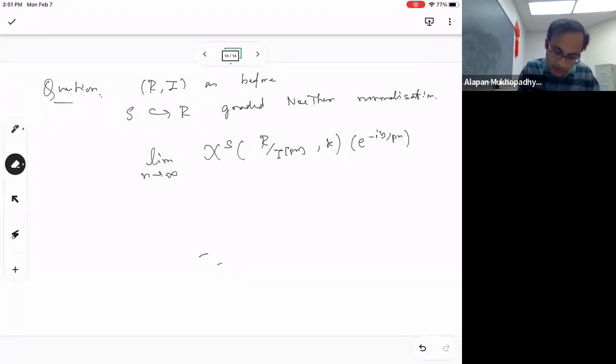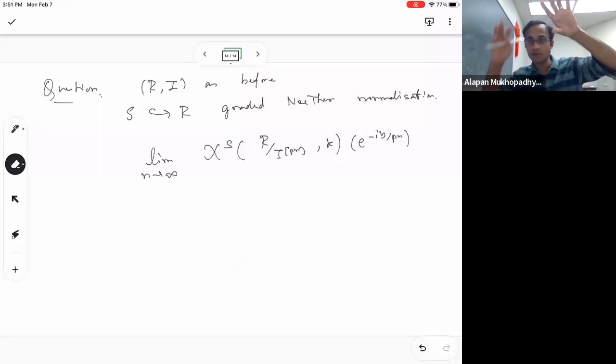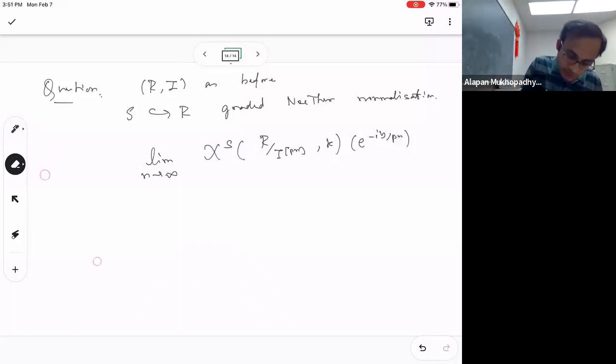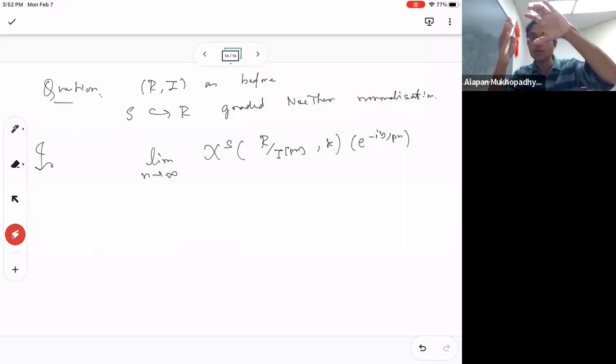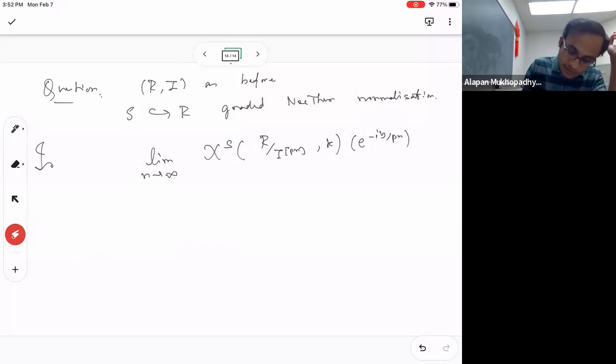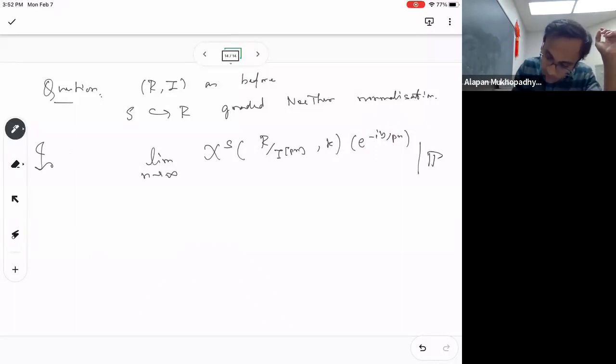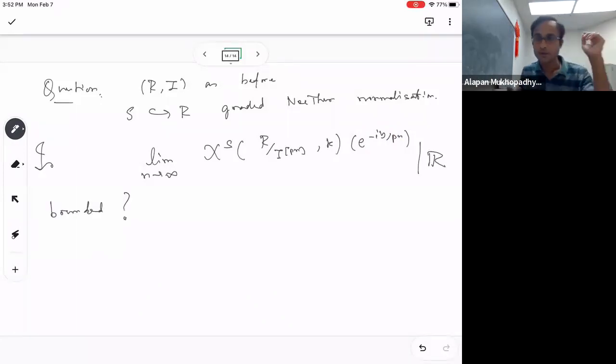It's basically the function that appears in the numerator of the description of the Frobenius-Poincare function. This function is defined for all complex numbers, and I want to know whether, if I restrict it to the real line, that function is bounded or not. So this is a question that every commutative algebraist should understand.